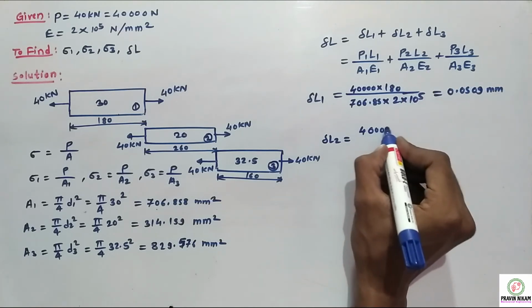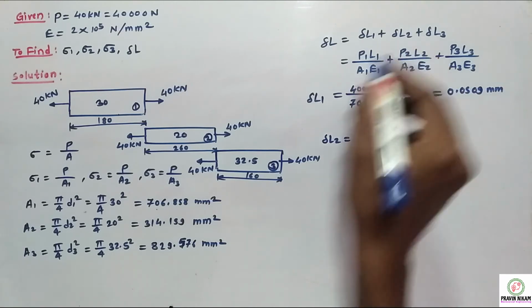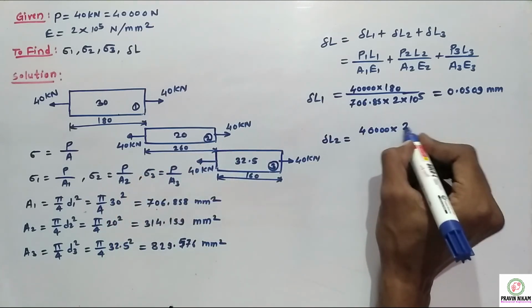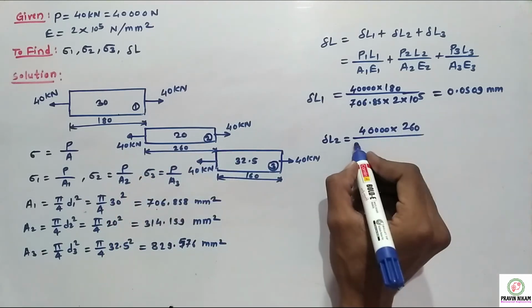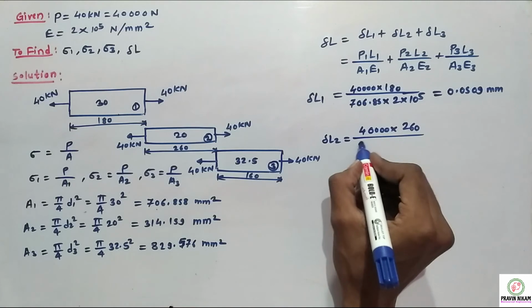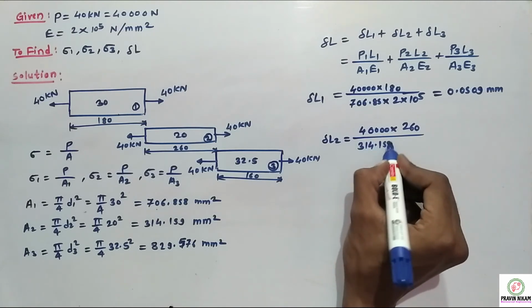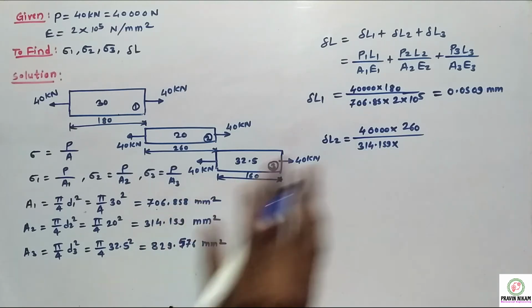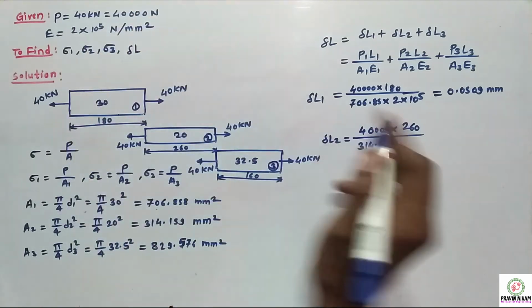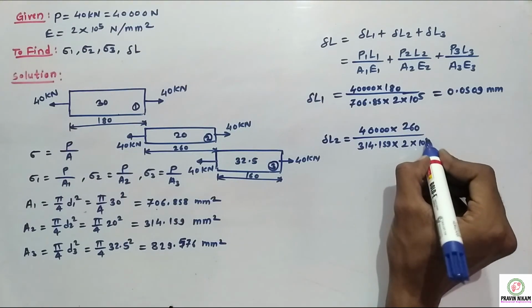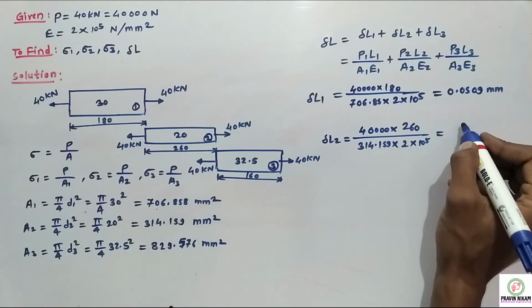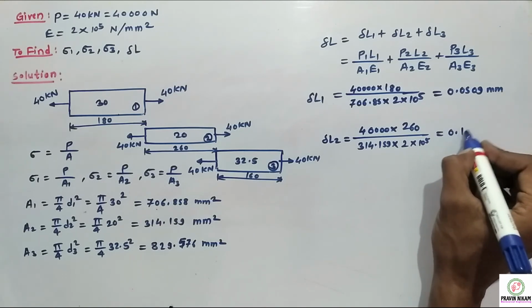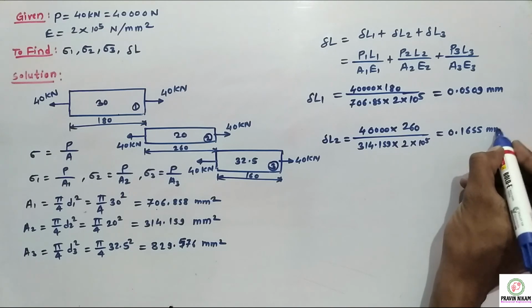So 40,000 into L2 is 260 divided by A2 314.159 into E 2 into 10 raised to 5. So this becomes delta L2 0.1655 mm.